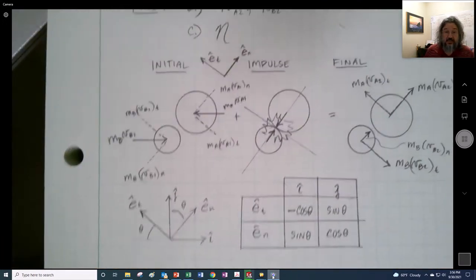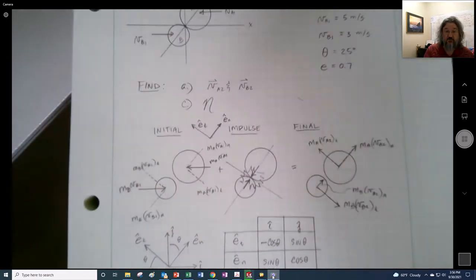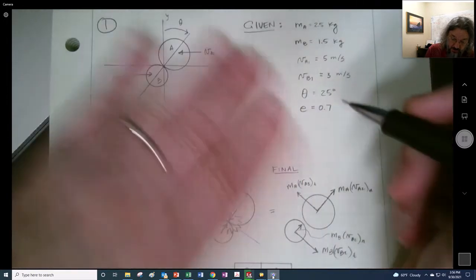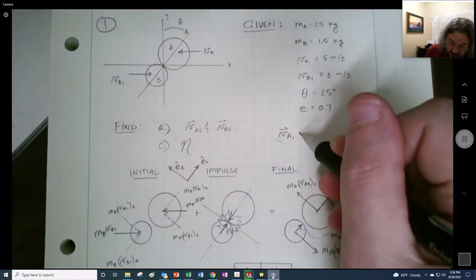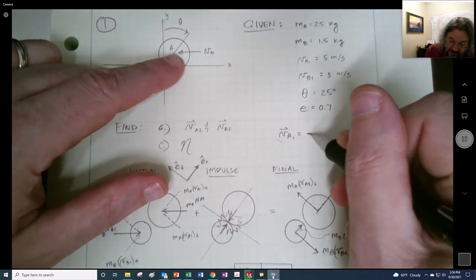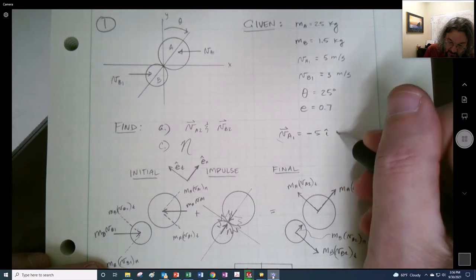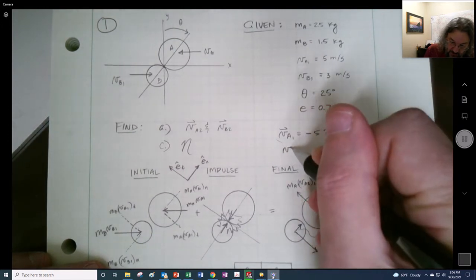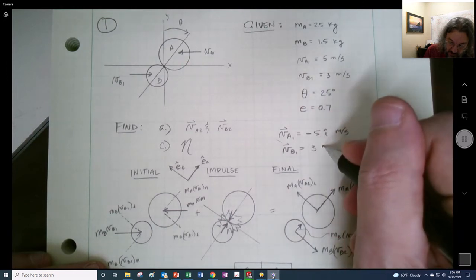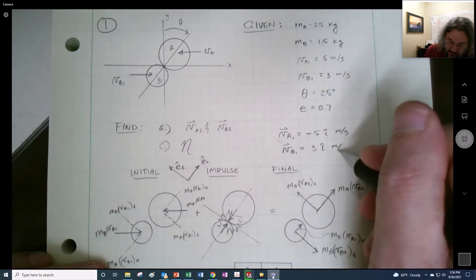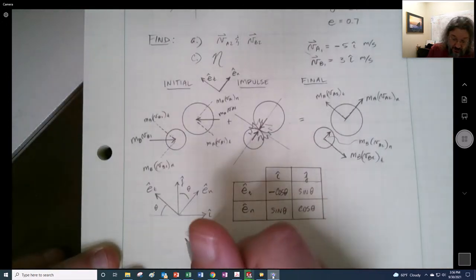So let's get these original velocities that we have. I can write them just up above. We note that VA1 is equal to negative 5 I meters per second, and VB1 is a positive 3 I meters per second. So we can convert these into normal and tangential.